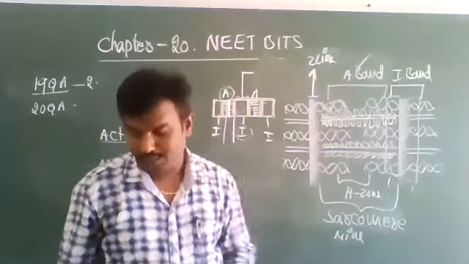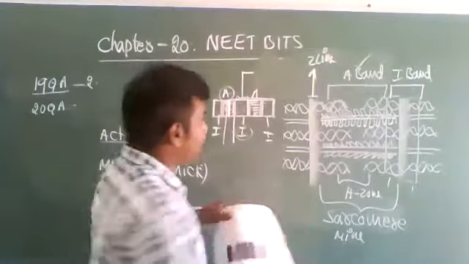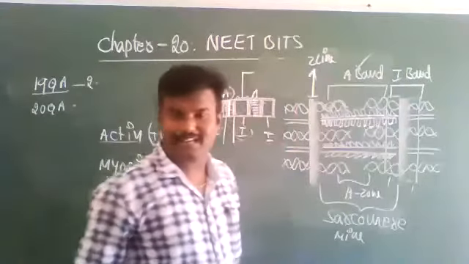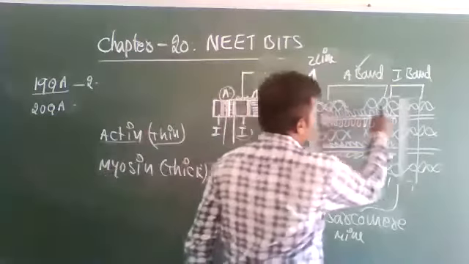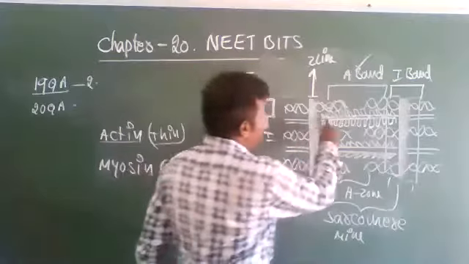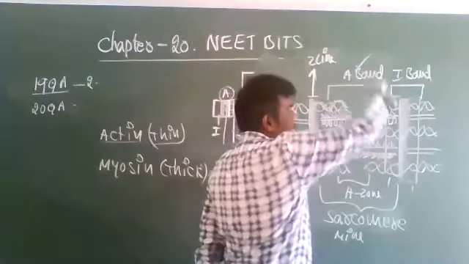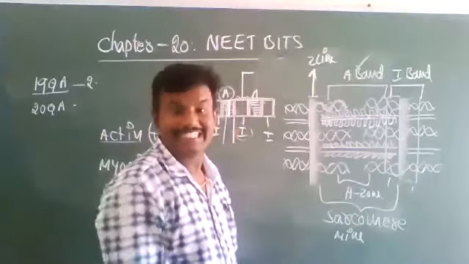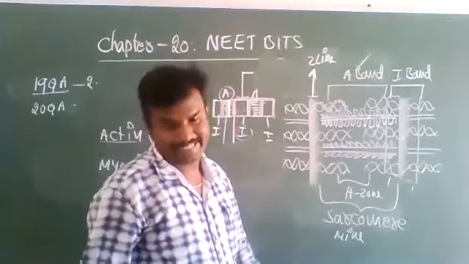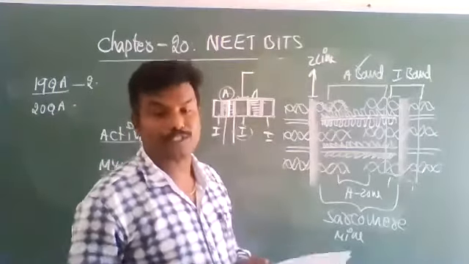In the textbook, this region they show in thick red, and this region in light color. This region, where the thick filament is overlapped with the thin filament in the middle of the A band, is called the M line.